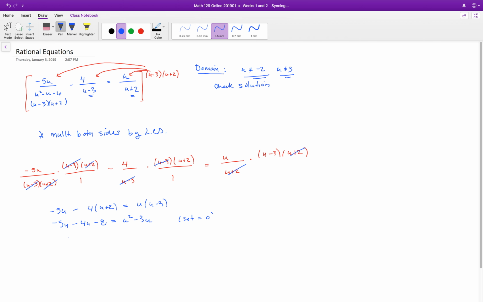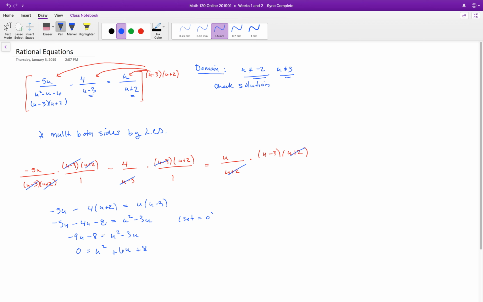Collecting like terms first, I have negative 9u minus 8 is equal to u squared minus 3u. Then taking both of those terms to the other side, I'll have u squared, so negative 3 plus 9 is a positive 6u, and then plus 8.